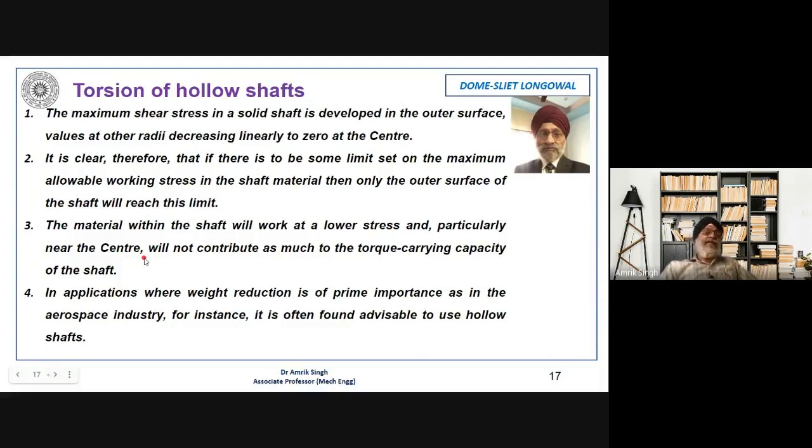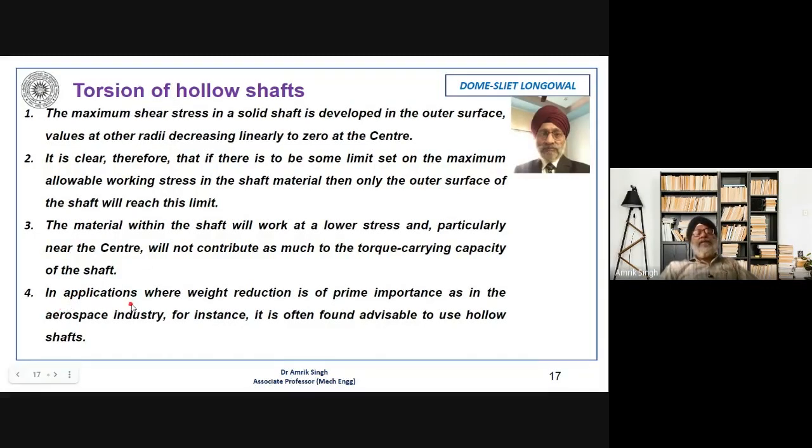So at the center, the stresses are not much. That means the material is more safe and will not contribute much to the torque carrying capacity of the shaft. So much of the torque will be carried by the outermost layers, the layers which are at a distance from the center.